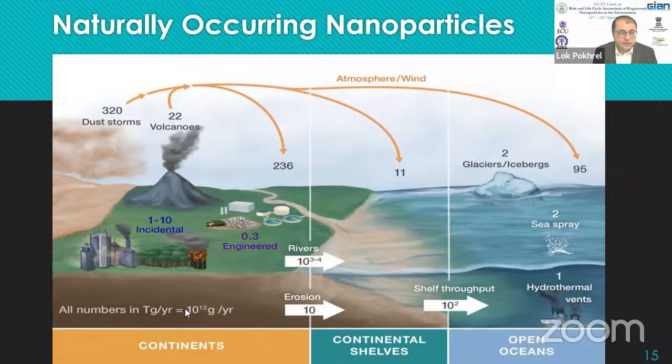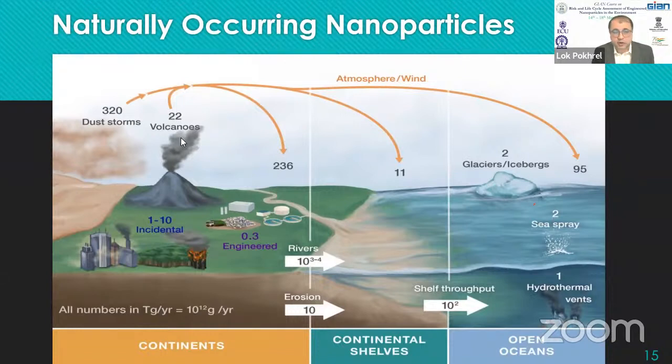So all values are given in trillion gram per year. So the dust storm constitutes the major source of naturally occurring nanomaterial.